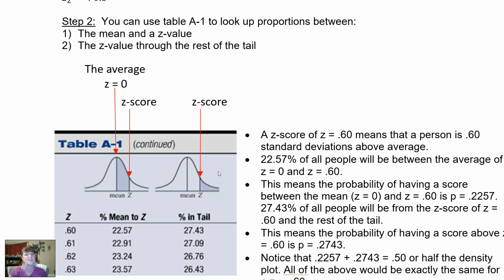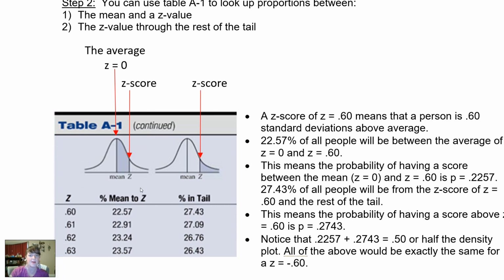So any positive Z-scores are going to be to the right, because that's how number lines work, and any negative Z-scores are going to be to the left of the average of 0. So the mean is going to be the center of the distribution at the peak, and then the Z-score will tell me how many standard deviations the person is above or below average.